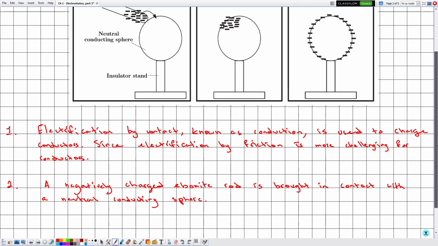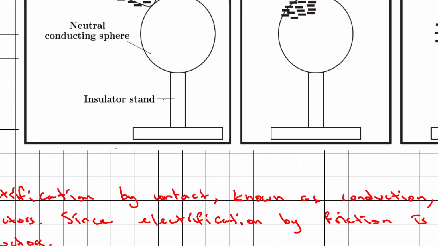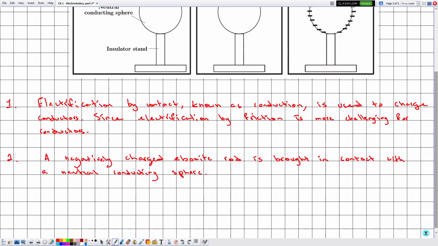So this is exactly what's happening in document number 1. Now what's going to happen is the following.